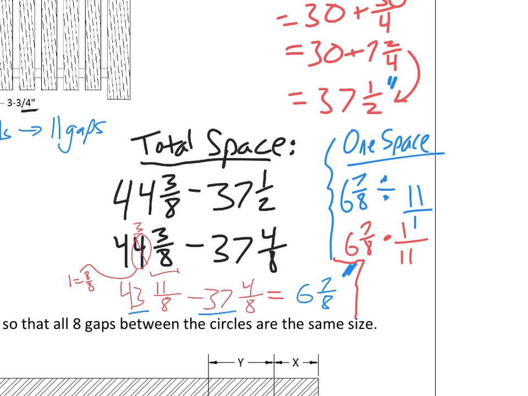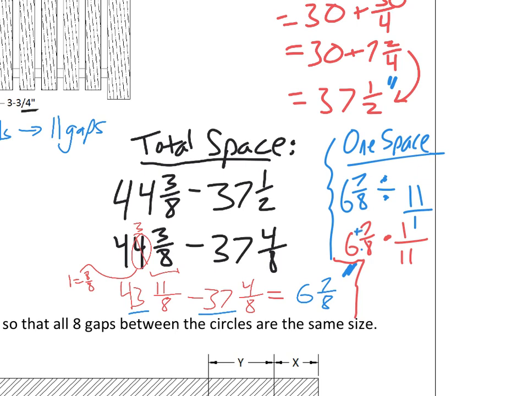We're just going to be in luck because if we make this into an improper fraction, how do we do that? Well, we have 6 and 7/8, or 6 wholes. If we want to change this all to 8s, we can do 6 times 8 and then add the 7.